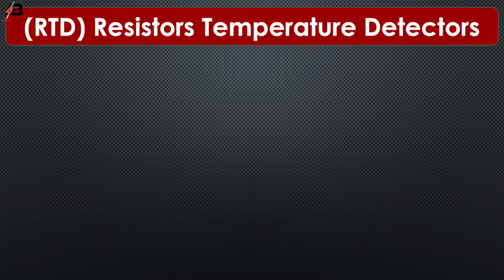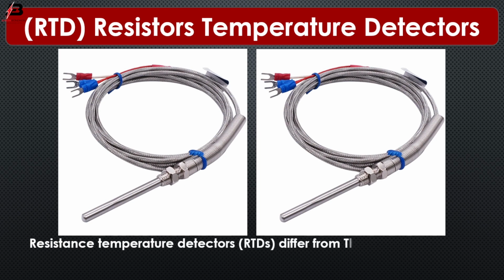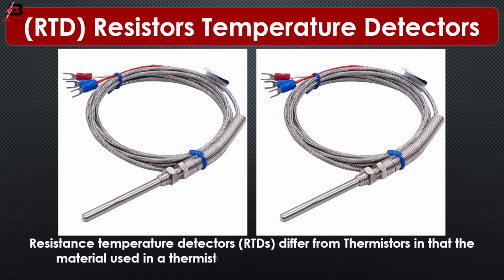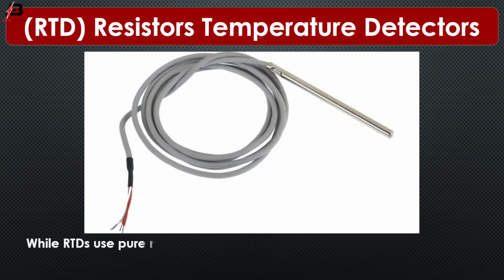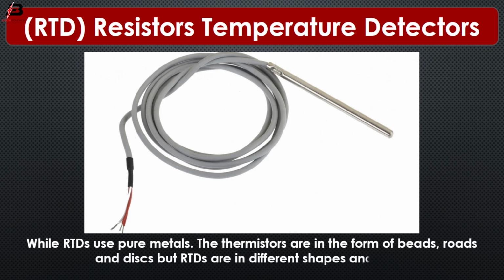RTD, resistance temperature detectors. Resistance temperature detectors (RTD) differ from thermistors in that the material used in a thermistor is generally a ceramic or polymer, while RTDs use pure metals. Thermistors are in the form of beads, rods and discs, but RTDs are in different shapes and sizes.